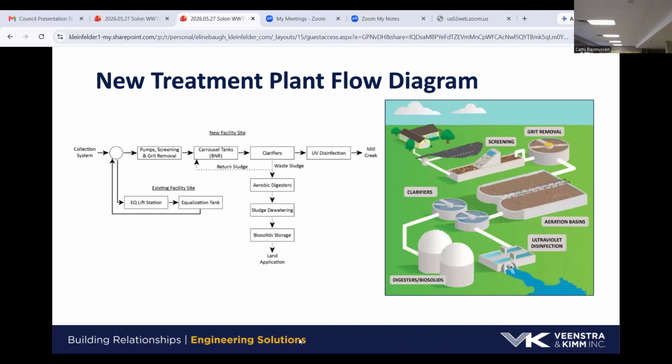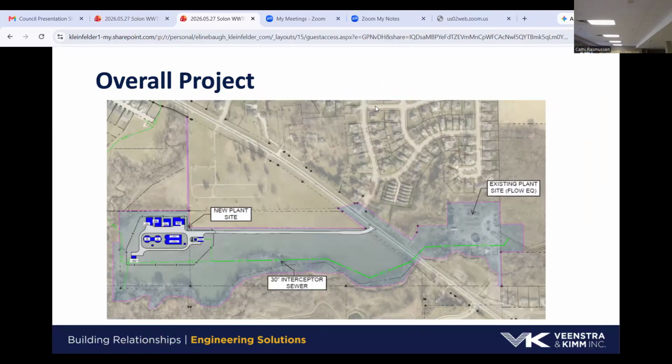And then the new plant site, so we've shown that. And the reason it's in blue there is that's kind of related to the environmental review area that we're going to have to use. So that's the project area in a nutshell there.